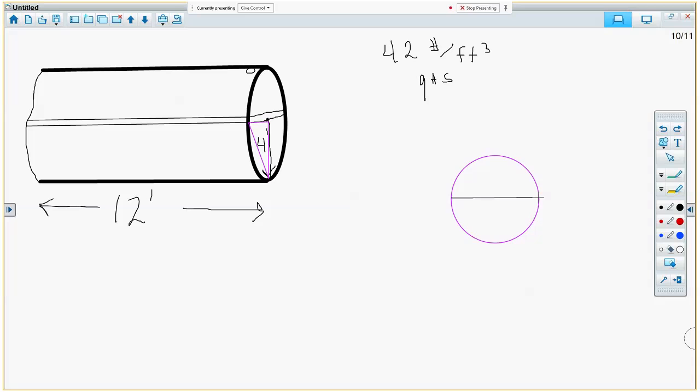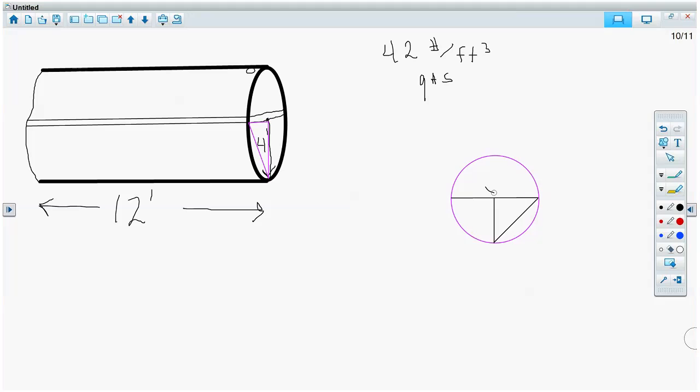There. And I'm just going to drop a line right here. And then if you connect this line with this line, there is where you see this right here. So this whole line, this diameter, is W.